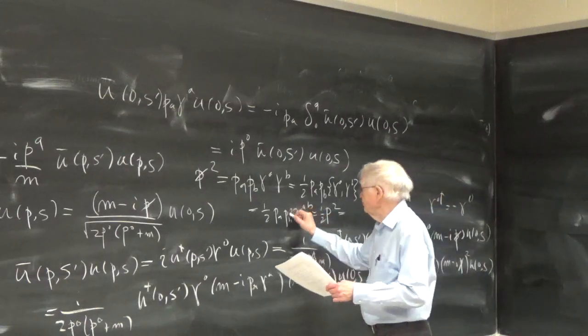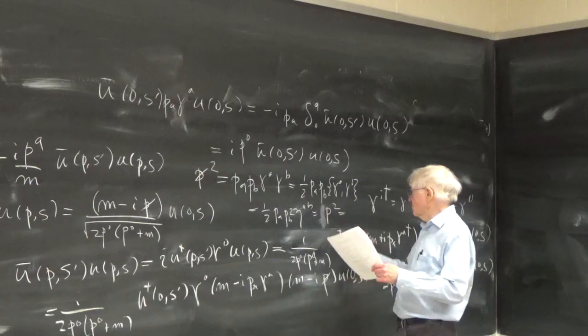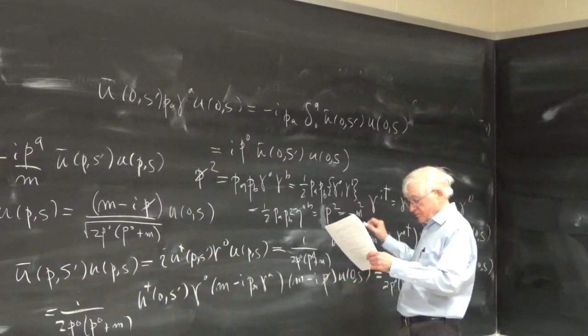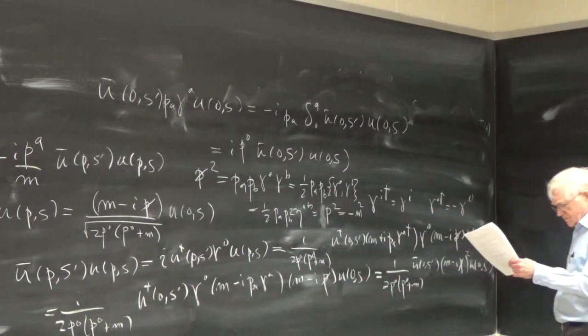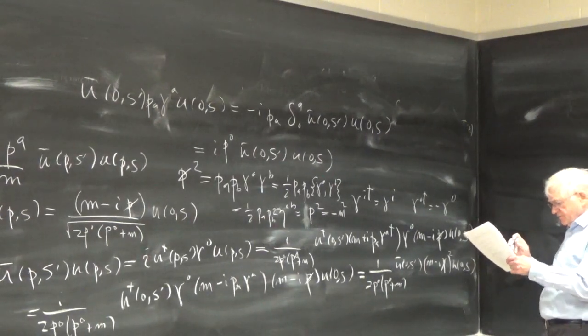This is a 2. So the 1/2 cancels. We just get P squared, which is minus M squared. And I see I've got a typo here.